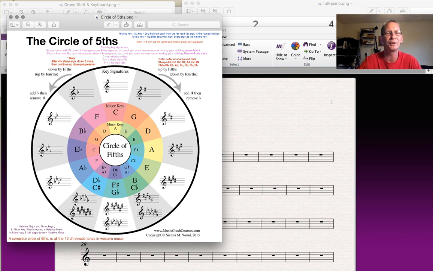And the other concept we want to talk about is building a key, so you can write it out. And that's very simple. If you're building a sharp key, you want to start with the F sharp on that line here, and you want to mark that one F sharp, and you want to go down 3 lines and spaces, and then mark that sharp.